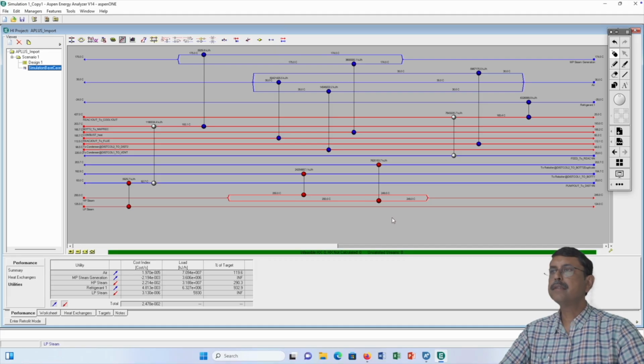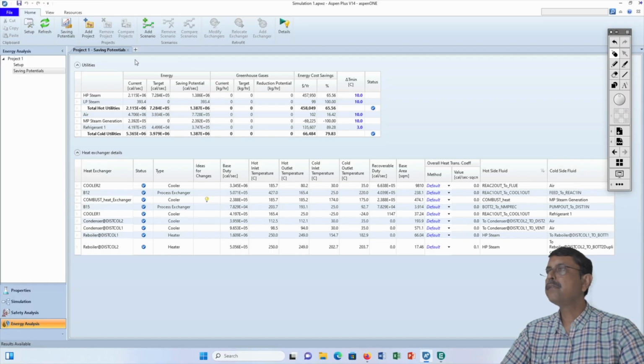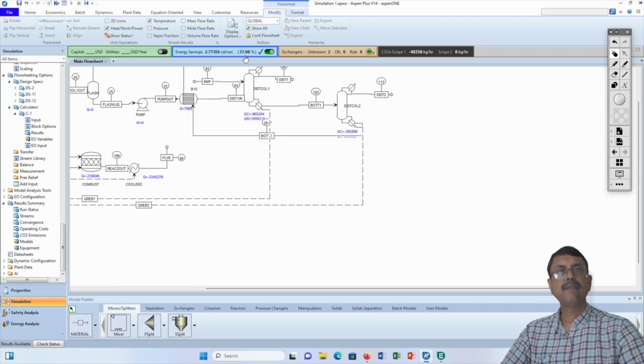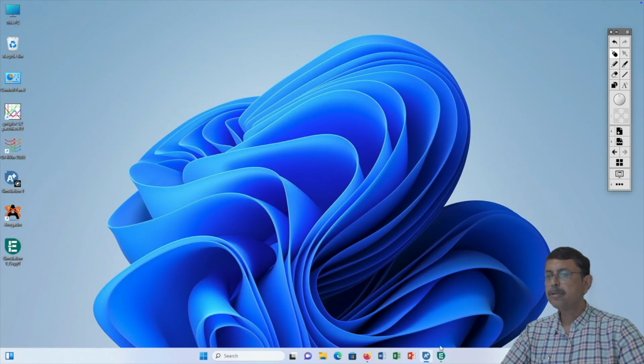Now, this is not the best connection because we have energy savings opportunities of over how much? If you remember that properly, it will be somewhere around 37%, right? So what we will do, we will check it once again.